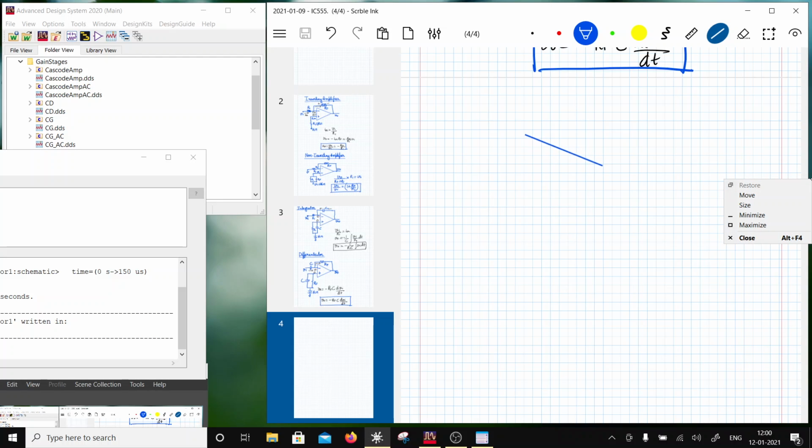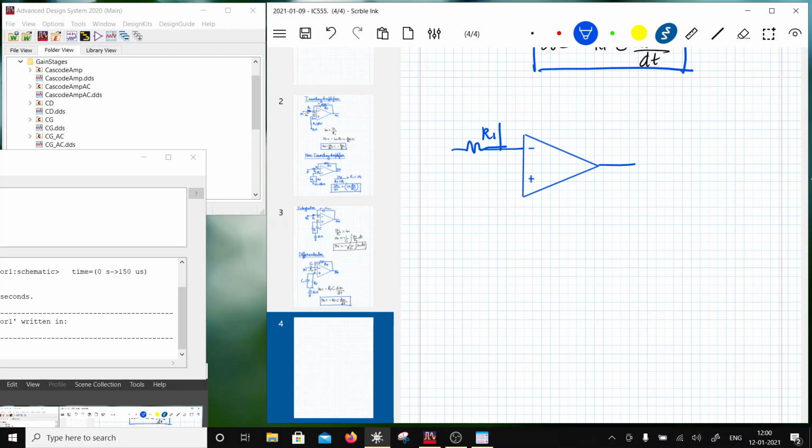I am going to have the same OpAmp like this, minus and plus, and this is my output, and these are my inputs. So I would have an R1 and an RF, and I'm going to have R2 and R3.